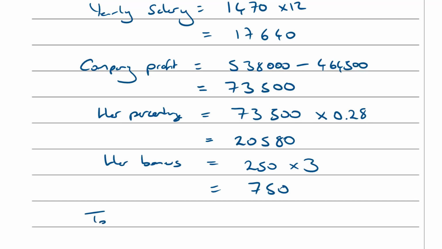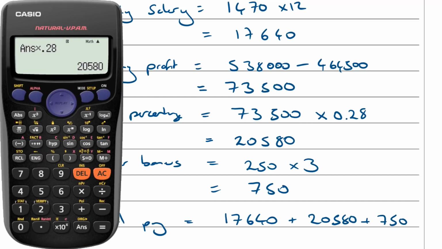Okay, so her total pay is going to be then her salary, which is 17,640, her commission on the sales, which was 20,580, plus her bonus of 750. So adding all that up, I make that a grand total of 38,970.